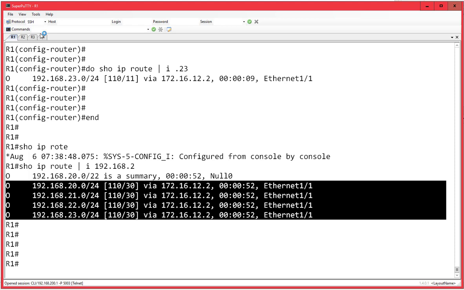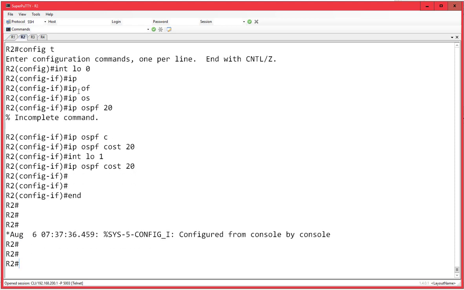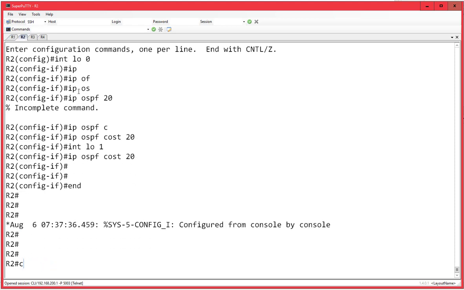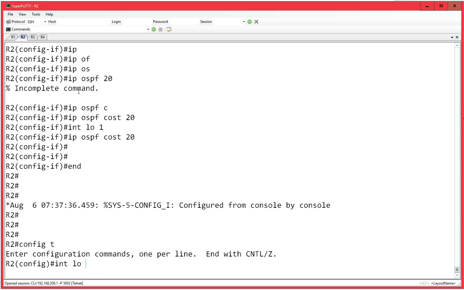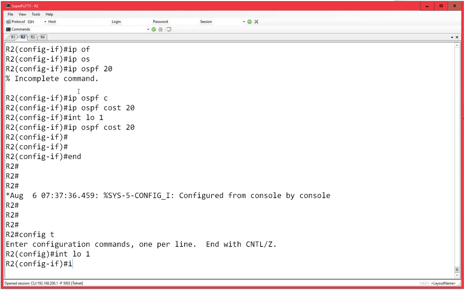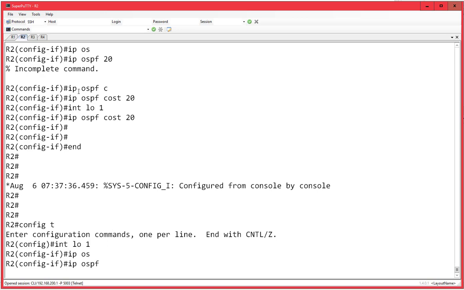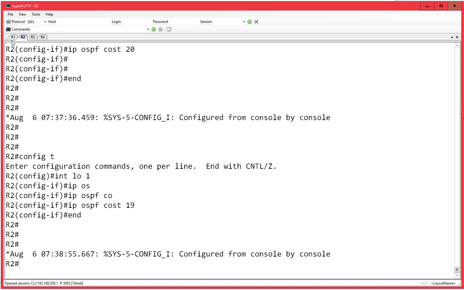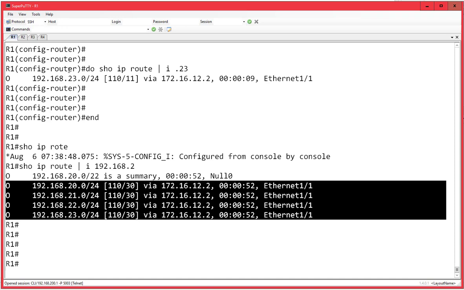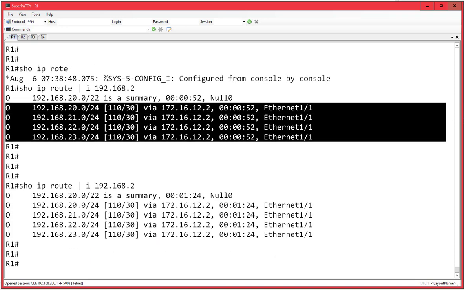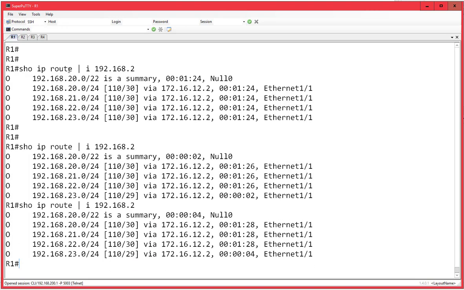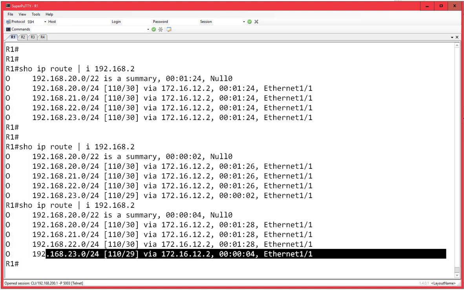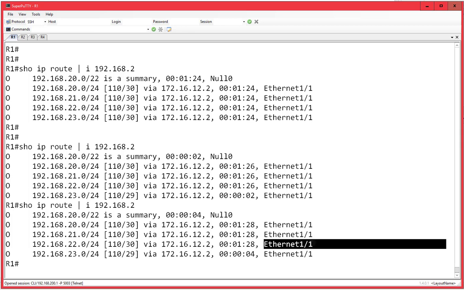But if I go ahead and change on router 2 the cost of loopback 1, do IP OSPF cost, I'll just make this one 19. Just make it 1 less. Go back to router 1, same output. You can see, there we go, that this route 23 has a cost of 29.